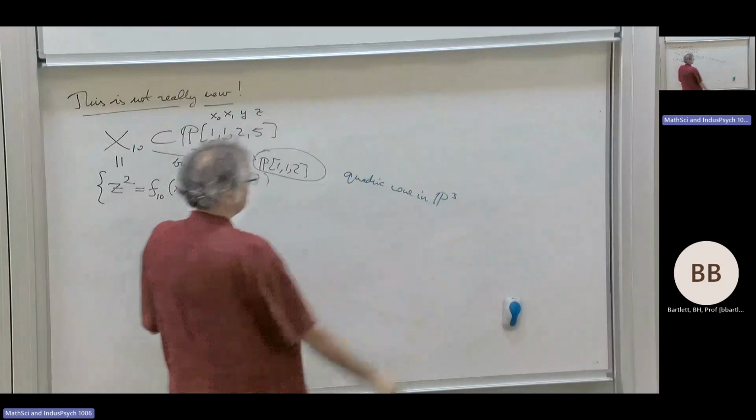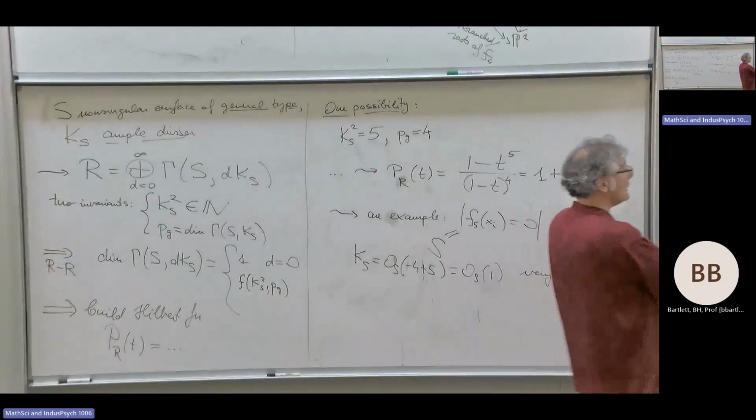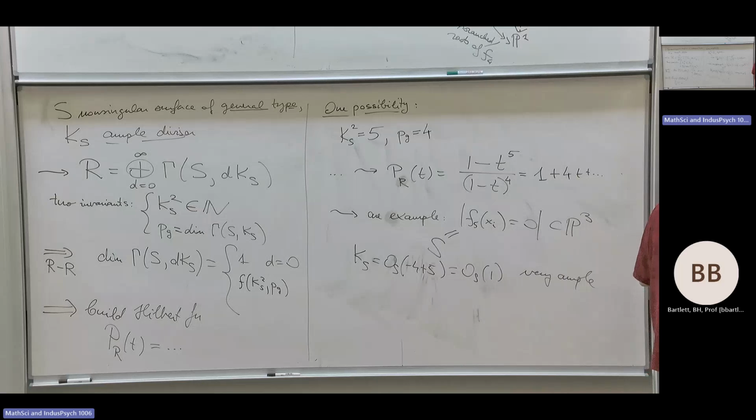Again, let me not explain this, but Enriques knew this variety. That's actually the quadric cone in P3. So Enriques would have described this variety as a double cover of the quadric cone branched over the cone point and a degree 10 curve.